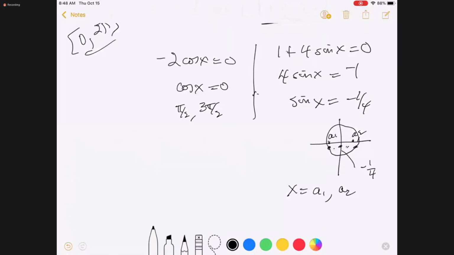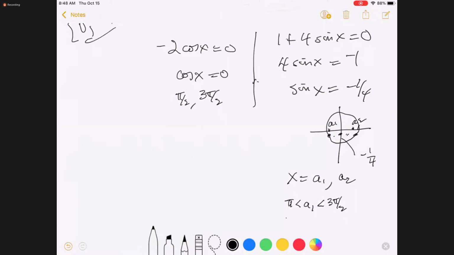And A1 is between pi and 3 pi over 2. And A2 is between pi over 2 and 2 pi.